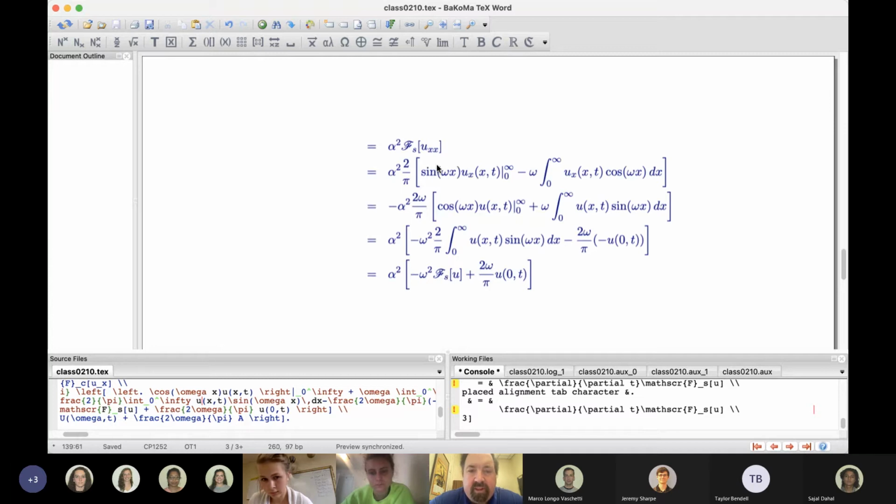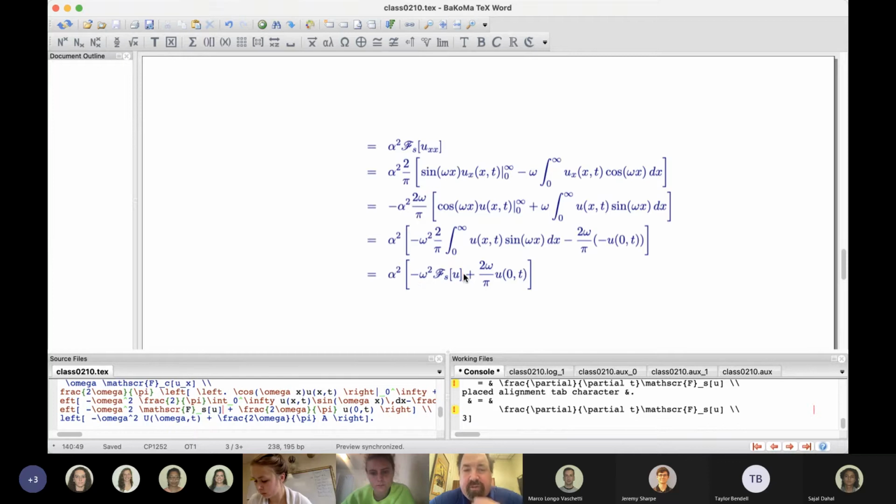So the transform of alpha squared u_xx: alpha squared just sticks around. And notice I have minus omega squared times the transform of u. So taking a second derivative with respect to x goes over with multiplying by minus omega squared. And then we have this additional term from the boundary.